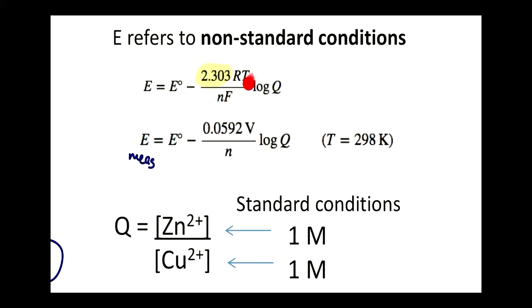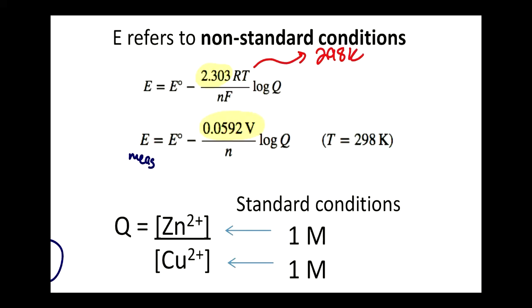Because most of these things are constants and temperature is usually 298 Kelvin, we just make it very easy for you and do the R, the T, and the F all together. Then what comes out is this term right here. This is the Nernst equation we're typically going to use because most reactions we do are at 298 Kelvin, room temperature.